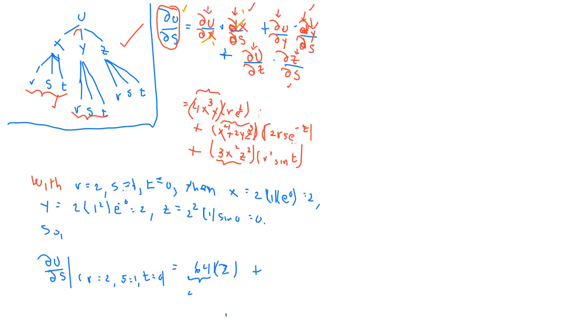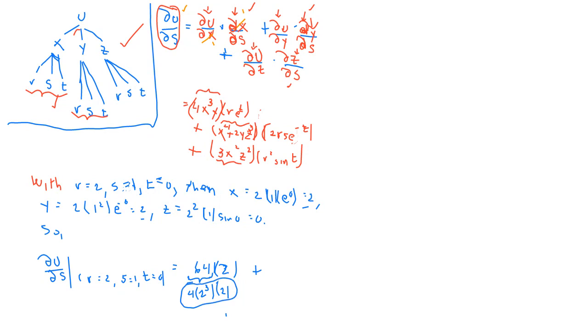So that would be 4 times 2 cubed, because x is 2, times another 2. And so I get the 64 by going 4 times 2 cubed times 2.